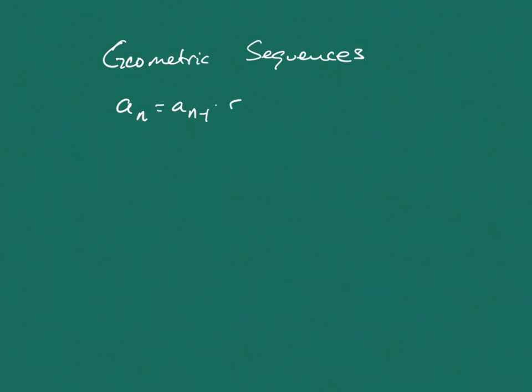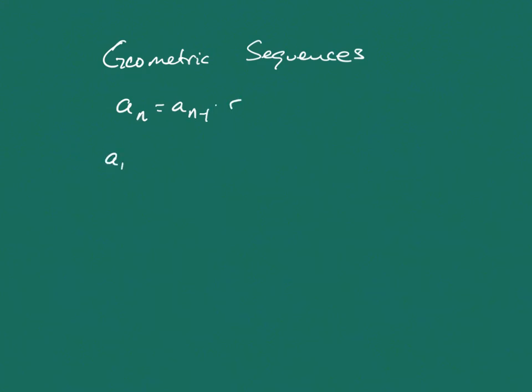And if I do the same thing for the geometric, what happens with that? I had a sub n being a sub n minus 1 times r.